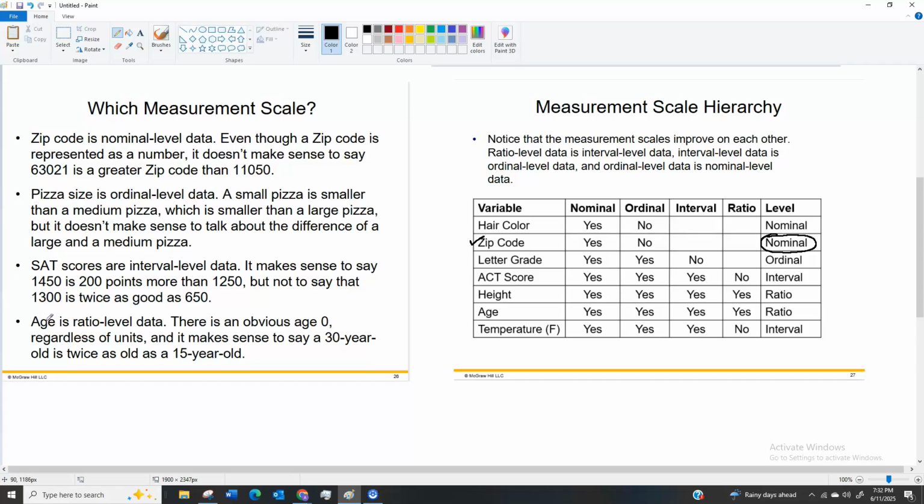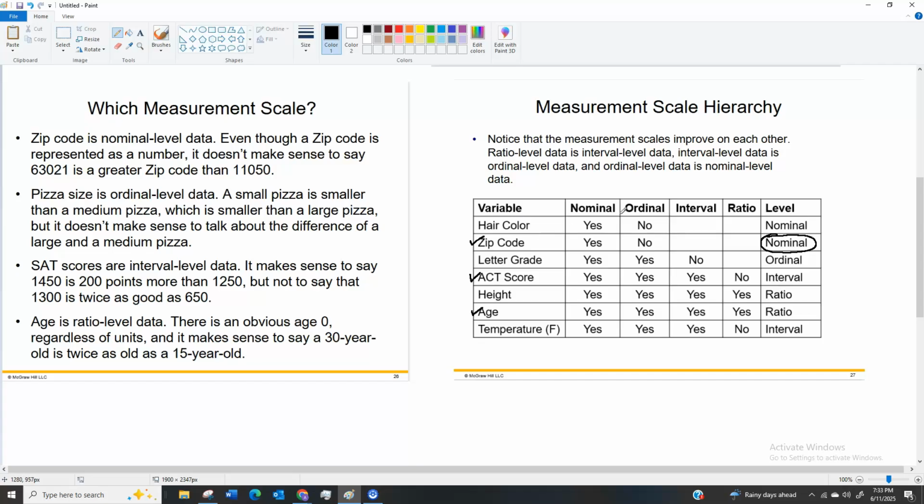You can have a 0 age as a start, and then if somebody is 15 years old, or 15 days old for the cell, that's half as old as somebody who's 30. Somebody who's 30 is twice as old as somebody who's 15. That makes sense. So we've talked about ACT score here. That's the same as the SAT score. They have age.